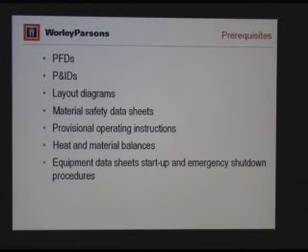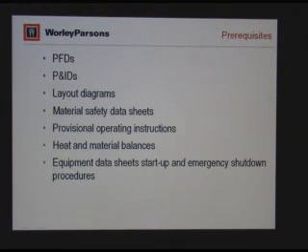Next, we're going to talk about what's required for the HAZOP meeting, what kind of documents we need. One is the PFD. So basically, we'll understand what we are designing, and the P&IDs to see the detailed instrumentation, valves and everything.